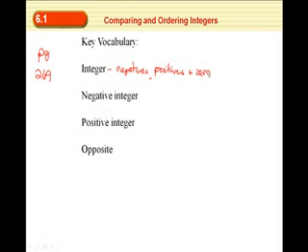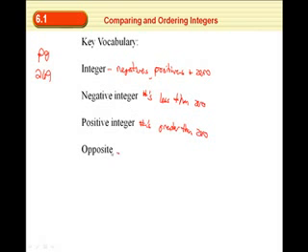Okay, the negative integers are numbers less than 0. The positive integers are numbers greater than 0.